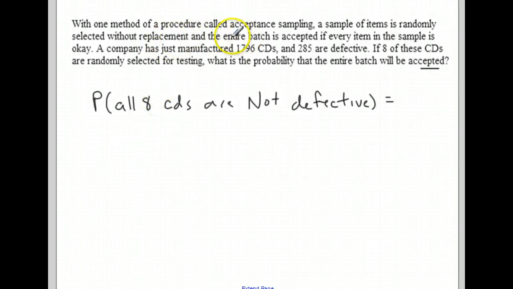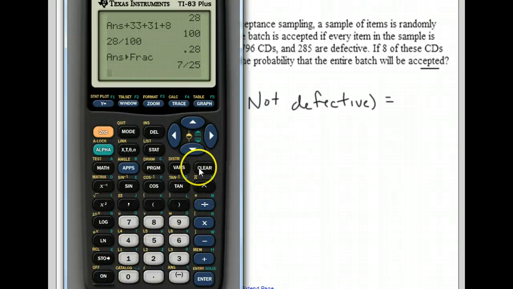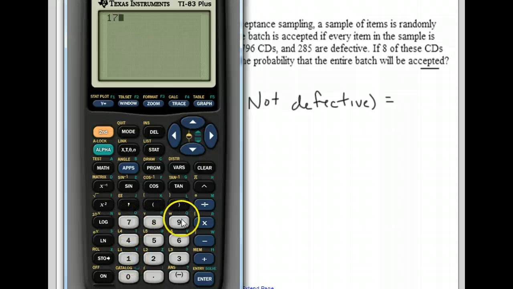Alright, now the other thing that's important is that we're sampling without replacement. So once something comes out, it doesn't go back in. Now, if there's 285 that are defective, the probability that the first one is not defective is the remaining, not the 285, but the 1796 minus the 285.